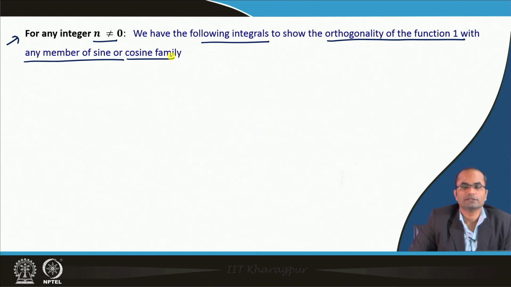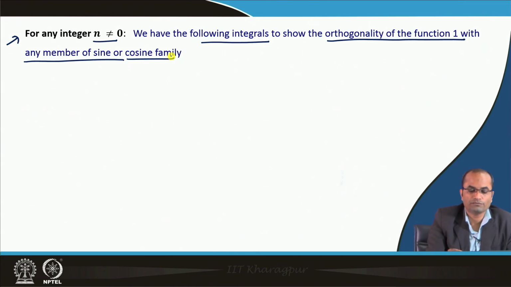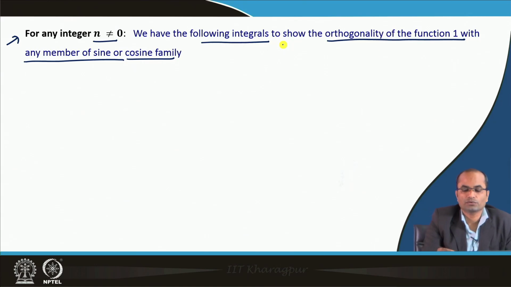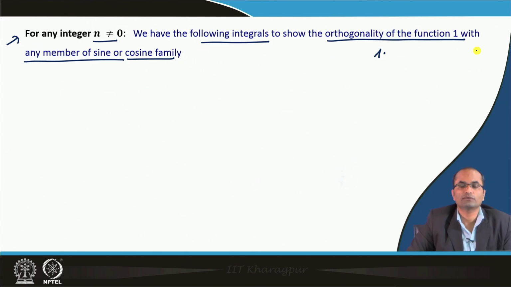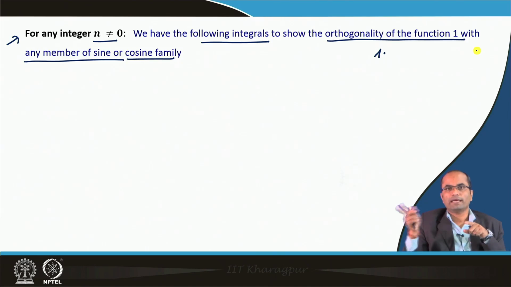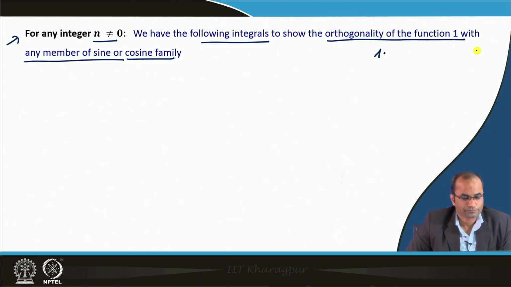So, 1 is also a member of this trigonometric system, and we will take it with any other sine or cosine function, either sin x, sin 2 x, cos 2 x, etc., and we will show that these two are orthogonal, that is, 1 with any other member of this trigonometric system from the sine or cosine family.